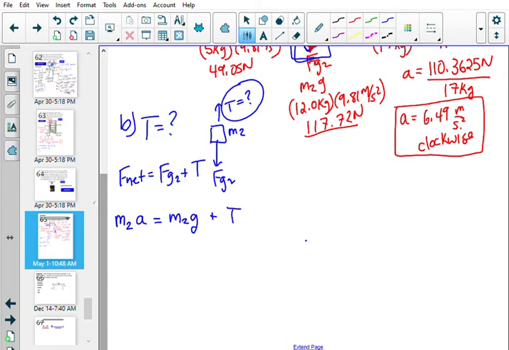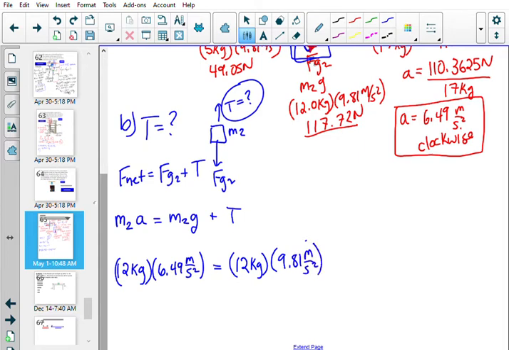So M2 times A is 12 kilograms times the 6.49 meters per second squared, and the M2G is 12 kilograms times 9.81 meters per second squared, and our tension.